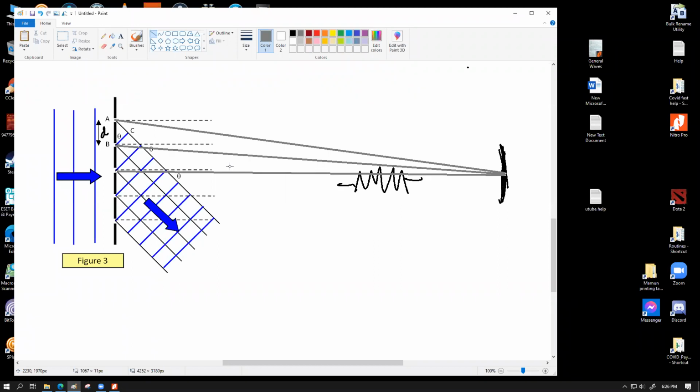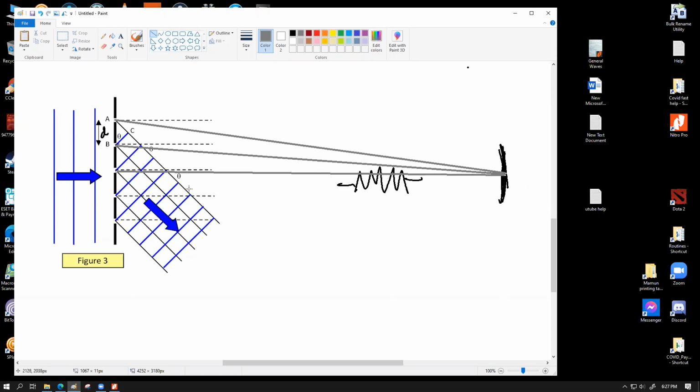To very high precision, they are not essentially equal. But because this distance is extremely small and this distance is extremely large, we can consider these lines to be nearly equal. That's one approximation that we're dealing with.